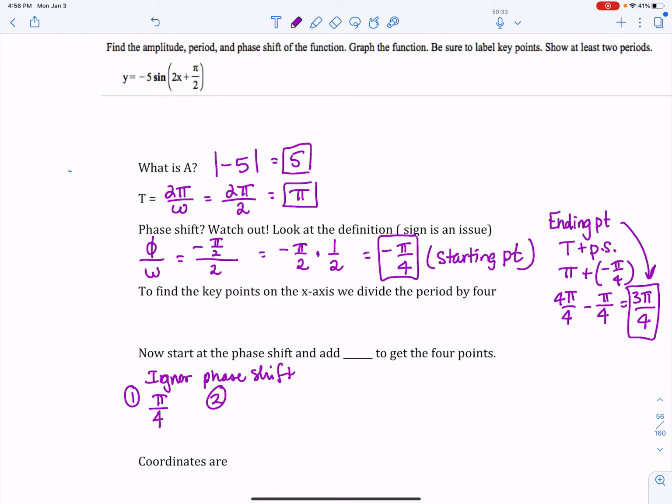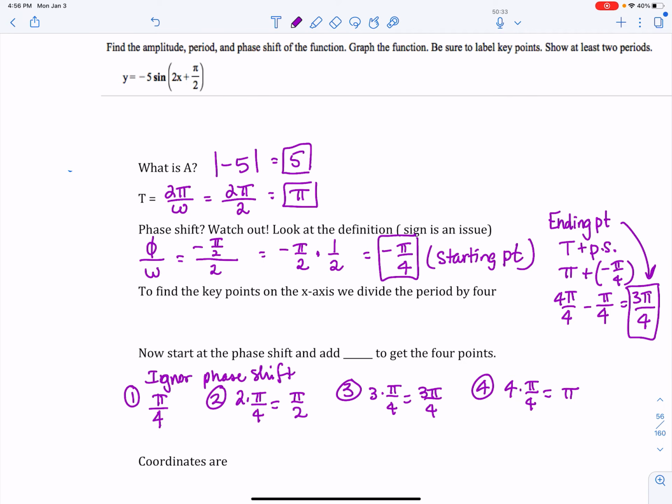So the second one is going to be 2 times that value, which gives me pi over 2. The third point is now going to be 3 times pi over 4, which is 3 pi over 4. And finally, the fourth point would be 4 times pi over 4.